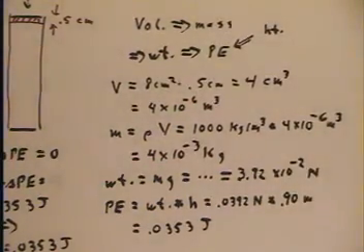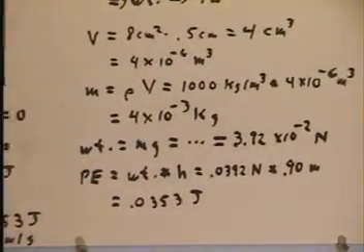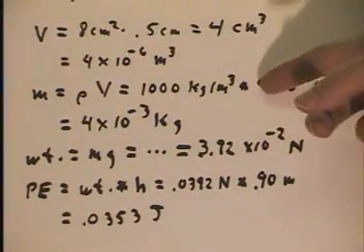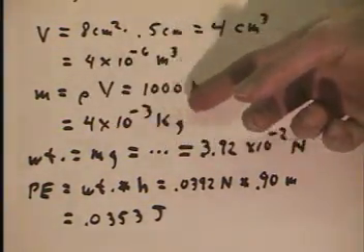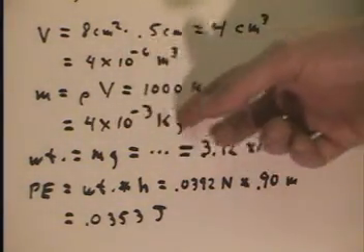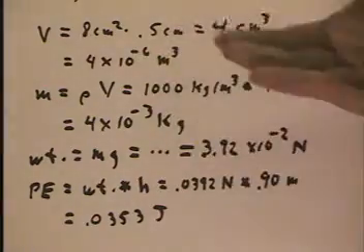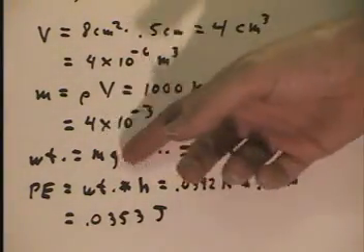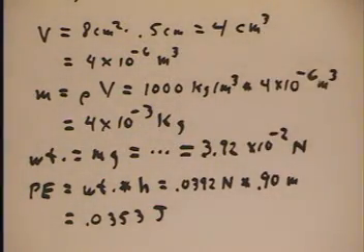Okay? And we multiply that density, rho, which is 1,000 kilograms per cubic meter, times the volume, which is 4 times 10 to the negative 6 cubic meters, and get 4 times 10 to the negative 3rd kilograms, which is 4 grams if you wish. The weight then is what gravity does, the force exerted by gravity on that mass, which is mg, which comes out 3.92 times 10 to the negative 2nd newtons.